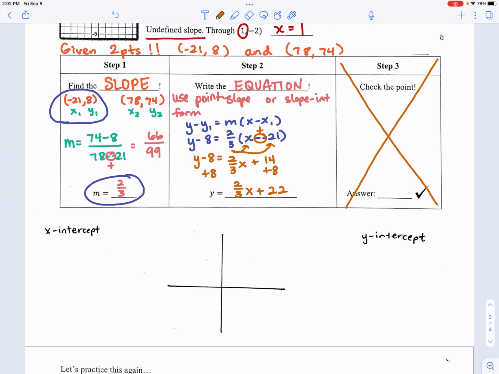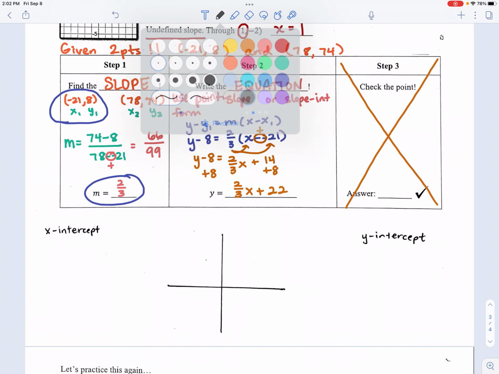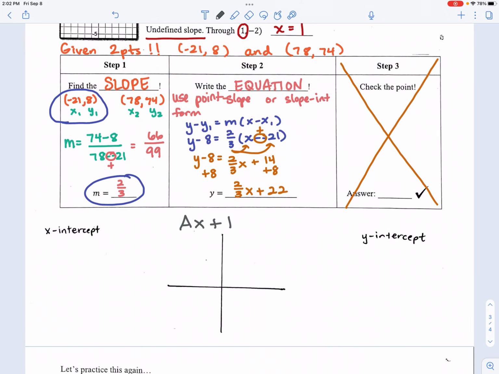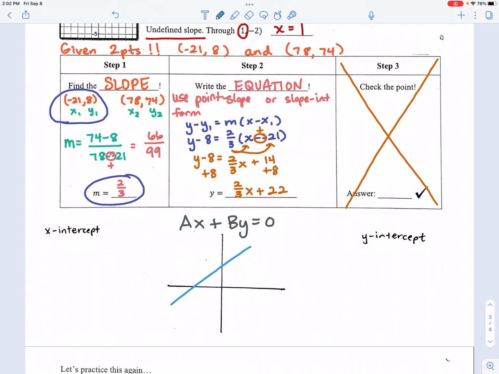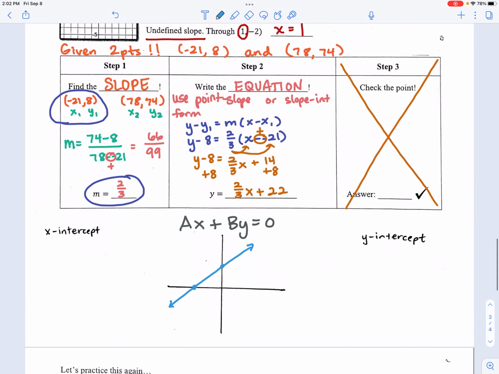Now, like I said before, sometimes you're going to get some equations that are in standard form. And if we know about x-intercepts and y-intercepts and where they fall on a graph, it makes it a lot easier to identify our x and y intercepts from standard form. So I know that for an x-intercept, it needs to cross the x-axis, and this would be the x value, comma, 0.